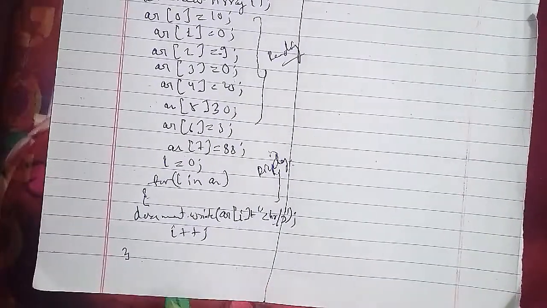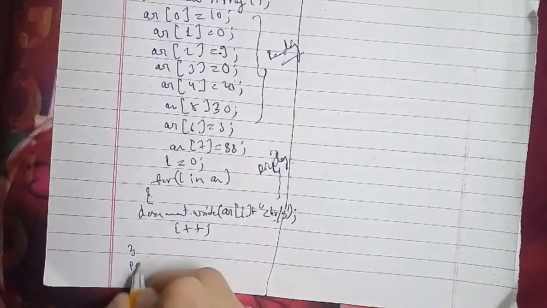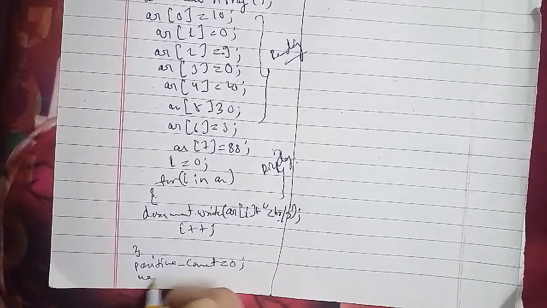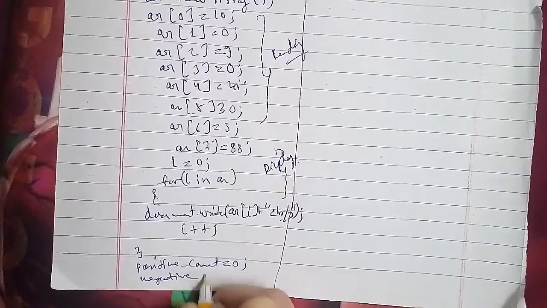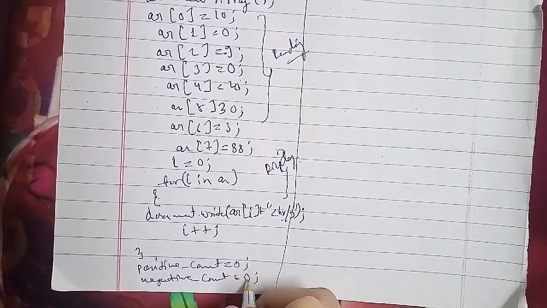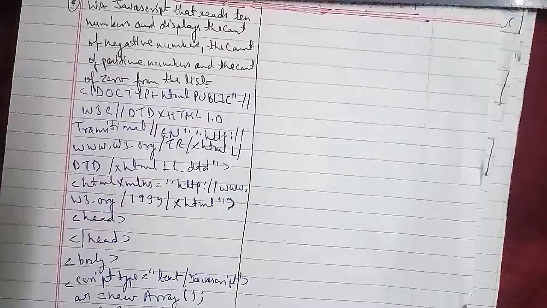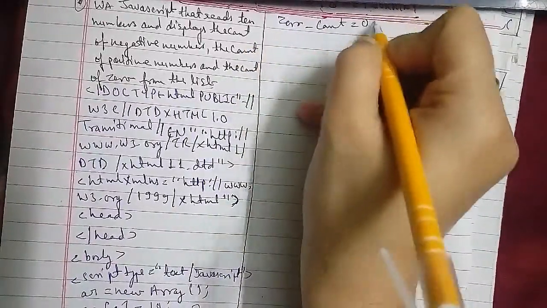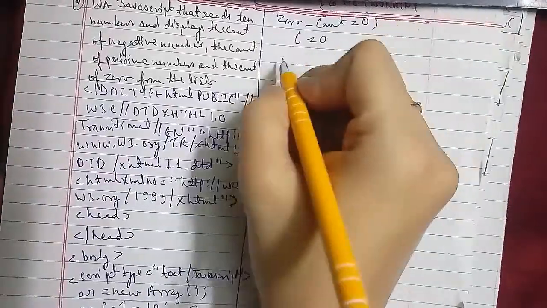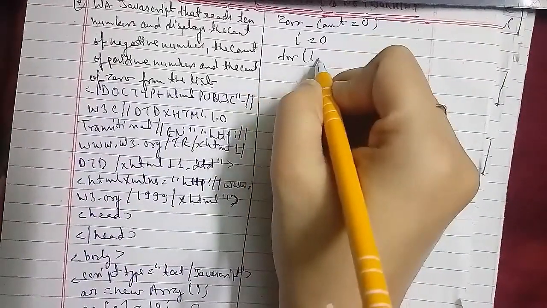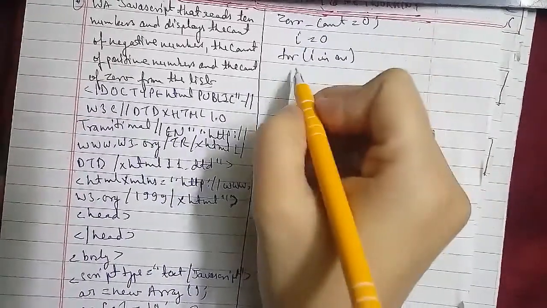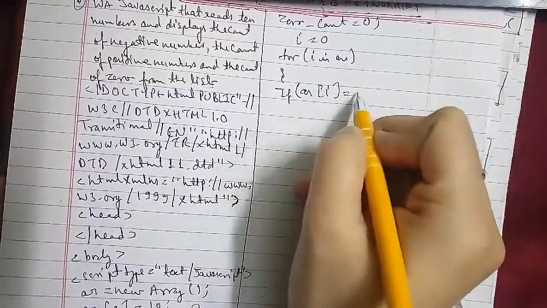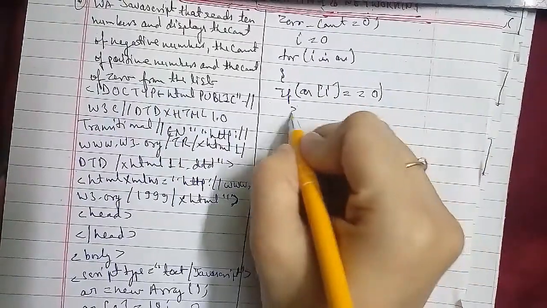Now for the zero count, we'll write it down: zero count equals to 0, then i equals to 0, and then for i in array, if array of i equals to 0, then zero count plus plus, else if array of i is greater than 0, positive count plus plus, else.